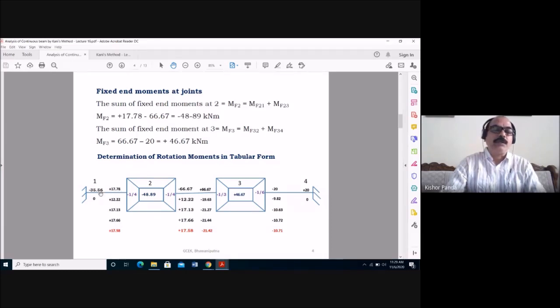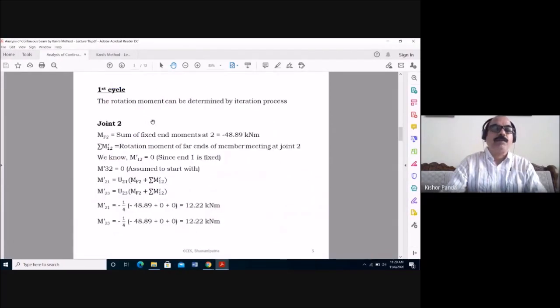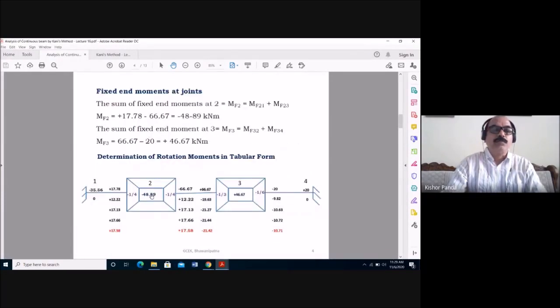The rotation moments you can find in tabular form. This is the first step, to go for the first cycle. Here you see, you have to draw this type of box, because we have joints 1, 2, 3, 4. Joint 1 is fixed and 4 is fixed, and at joint 2 you have to draw this type of box, and at joint 3 you have to draw this type of box.